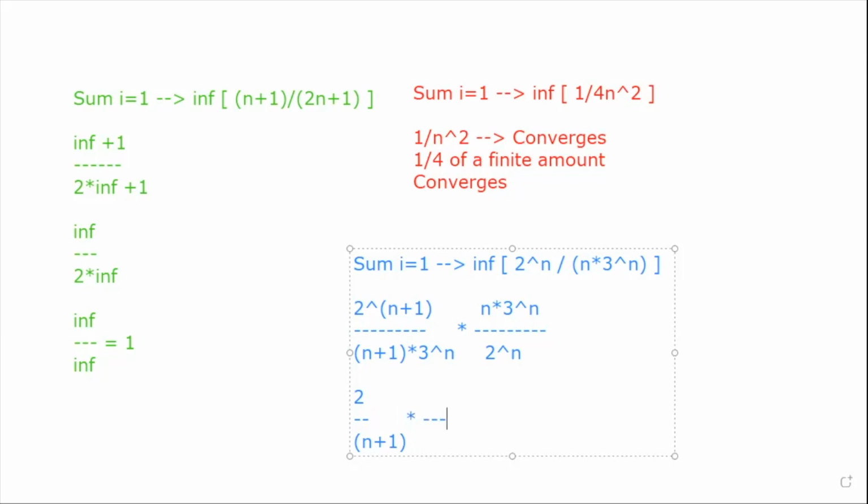So now you have just an n over here, and you have a 1 over here, because we divided both of them by the 3 to the power of n and 2 to the power of n, just crossing over. Now, one thing to note is where are we going? We're going to infinity, right? So once again, there's no real difference between infinity plus 1 in this denominator and infinity in here, so we can cancel both of those.